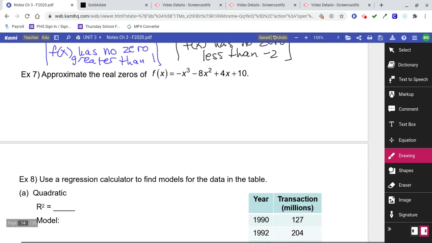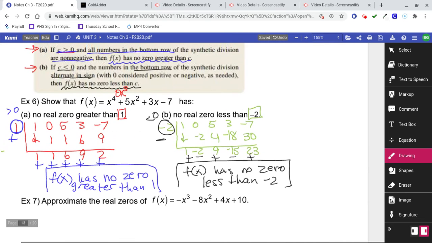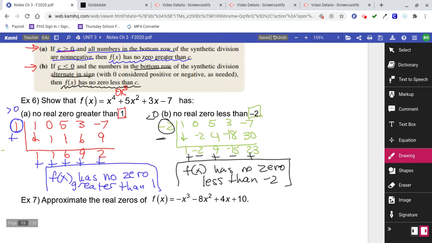Example 7 says approximate the real zeros of this thing. Approximate. Yes, question? So is it like setting a range for it? Kind of, yeah. It's setting a range because we know that there's no 0 that's greater than 1, and we know there's no 0 that's less than negative 2. So if you were going to graph it, whatever it does, it's an x to the 4th, so that's a positive even.